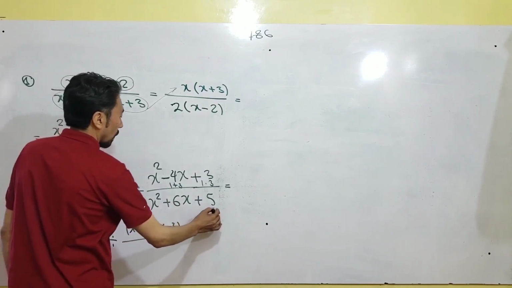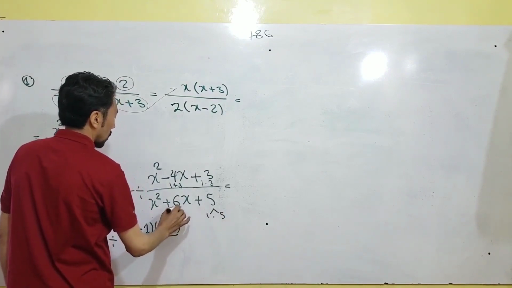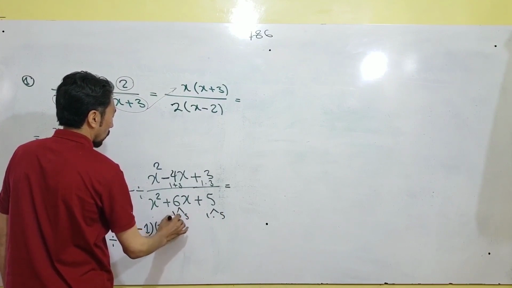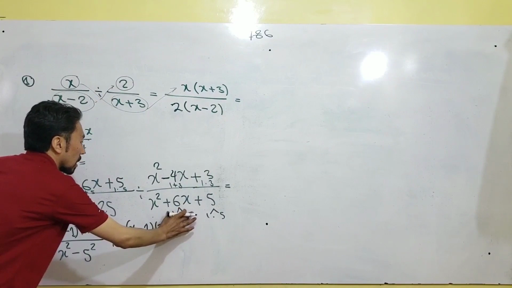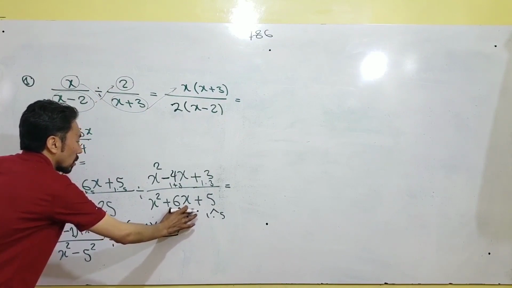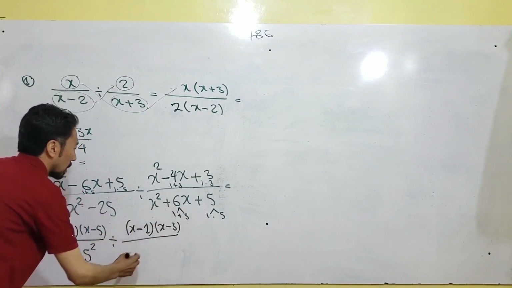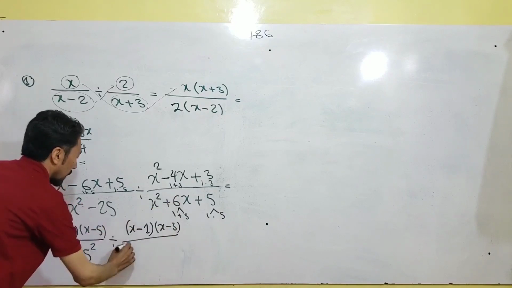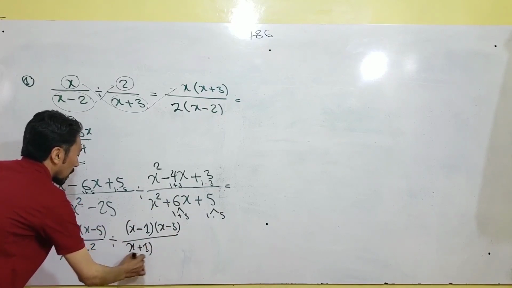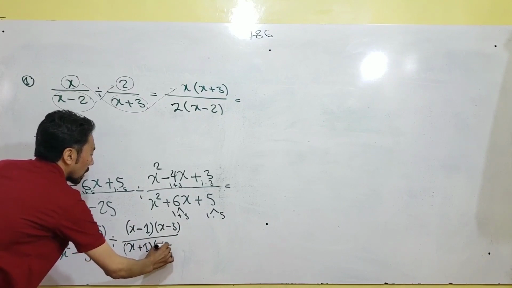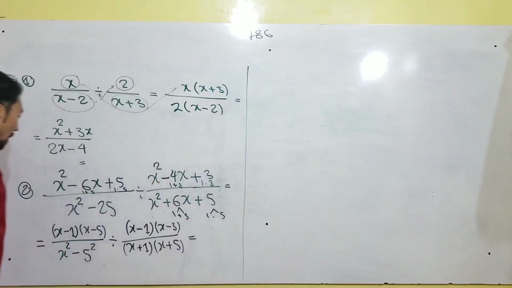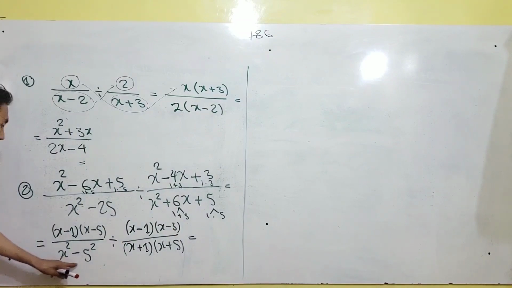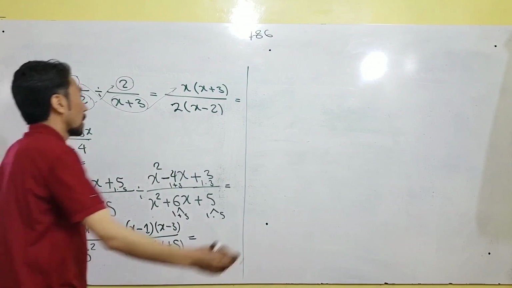Also here we have 1 multiplied by 5, and also 1 plus 5. 1 plus 5 is 6, 1 multiplied by 5 is 5. It is factorized into brackets. The sign is the same as the coefficient of x. Here we can write x plus 1 multiplied by x plus 5. Then here also it's possible to factorize into different brackets.